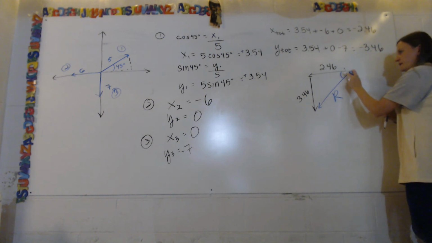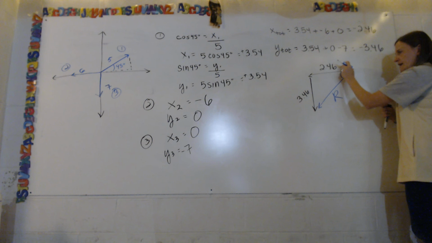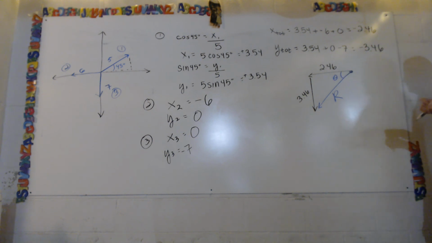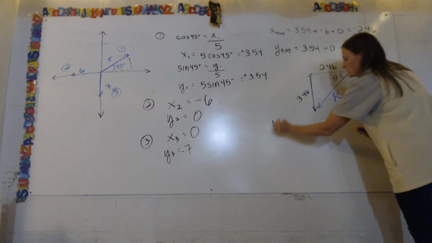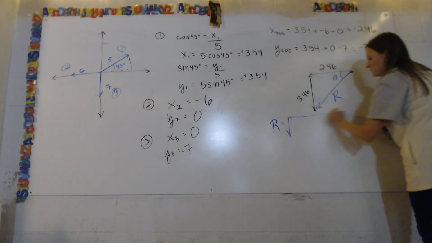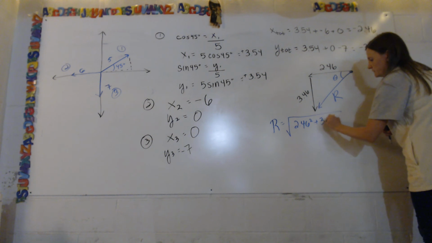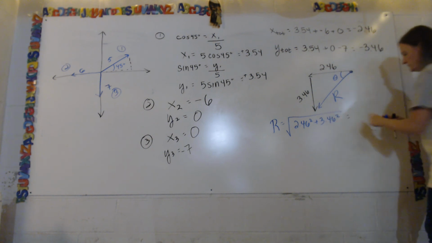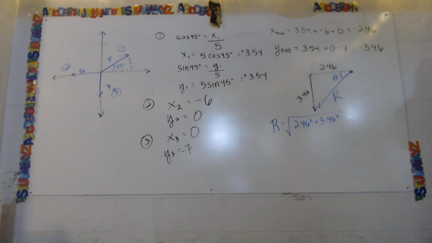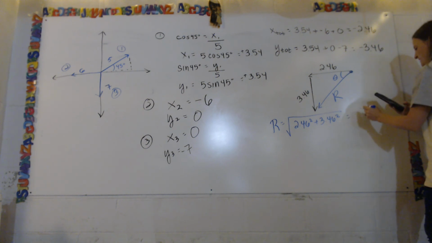The angle I want to find is the angle between the resultant and the x, so that's this angle. And again, I just use Pythagorean theorem to do it. So r is equal to the square root of x squared plus y squared, which gives me a resultant of about 4.25.